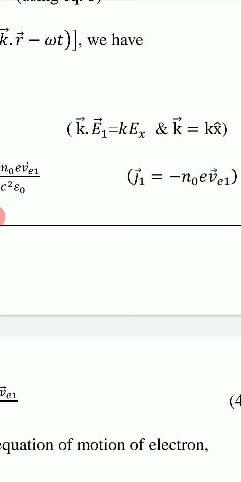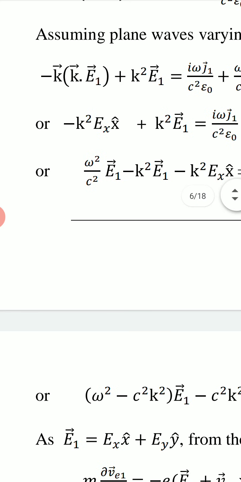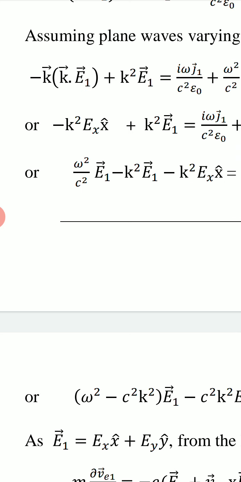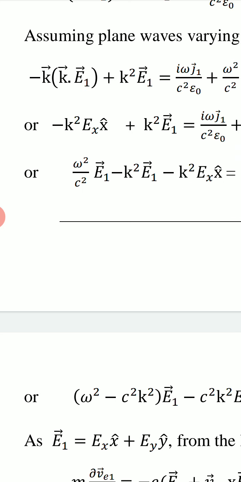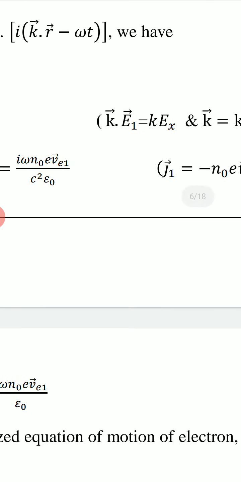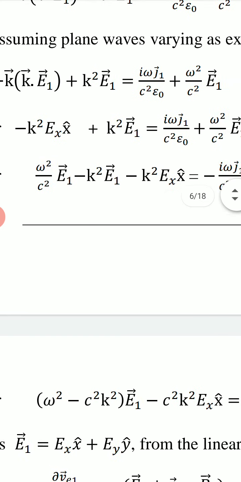So this dot product k vector dot E1 vector is equal to k ex. So the first term will become minus k square ex x cap. For k vector dot E1 vector we write k ex, and for k vector we write k x cap.